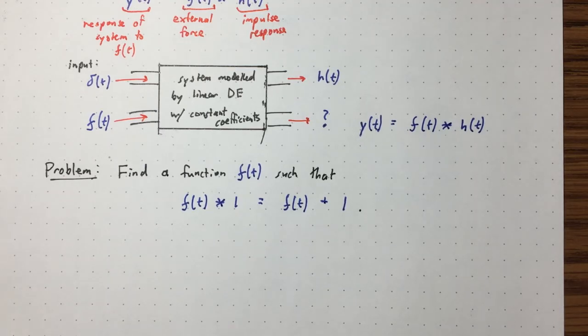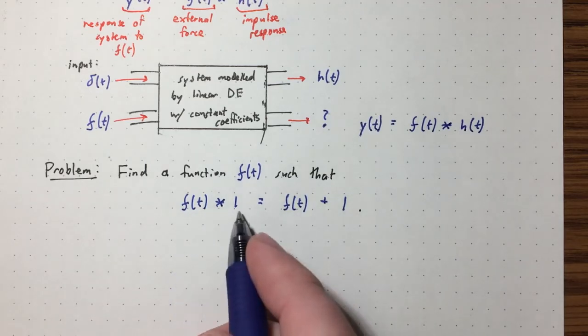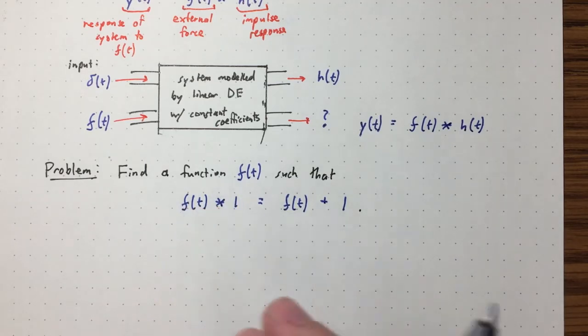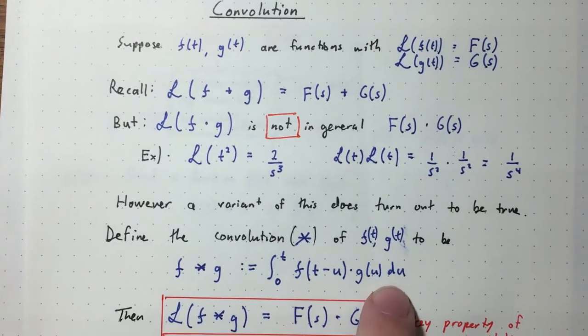Okay, so hopefully you tried to work through this yourself, and there's a really nice trick here. First of all, you could try to use the definition of convolution, which is this integral here, and you might have done that.